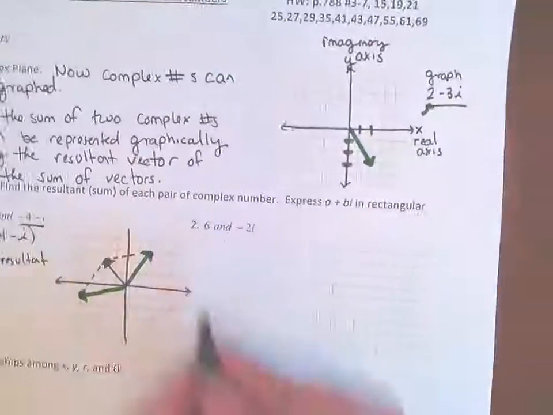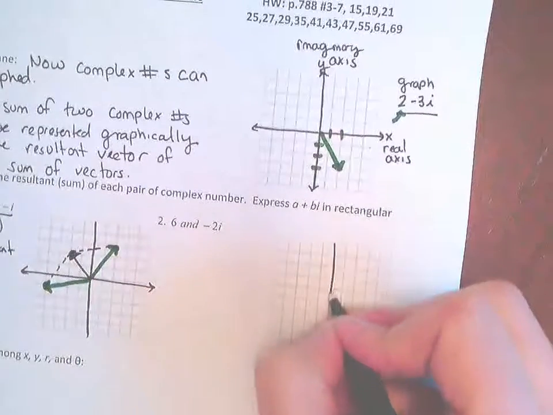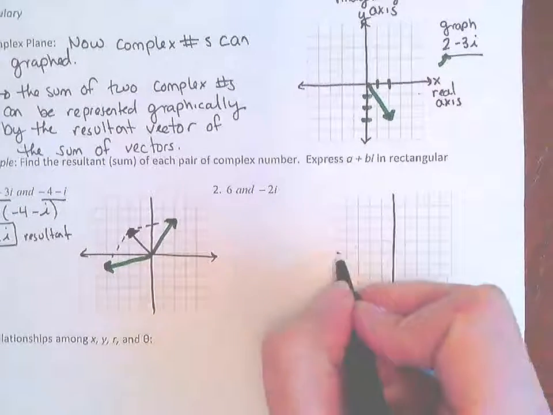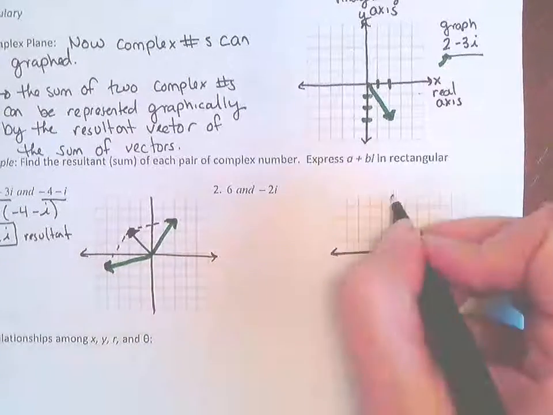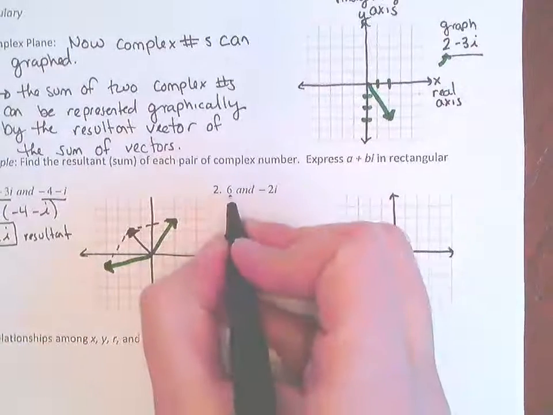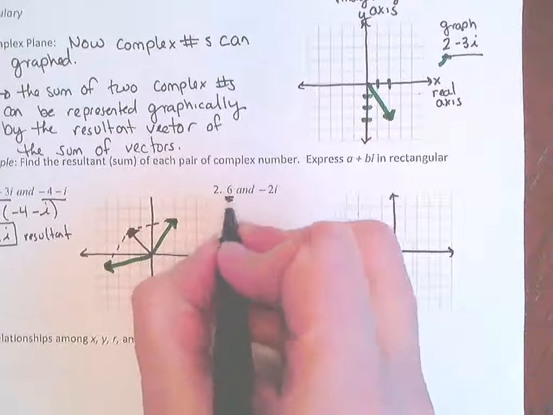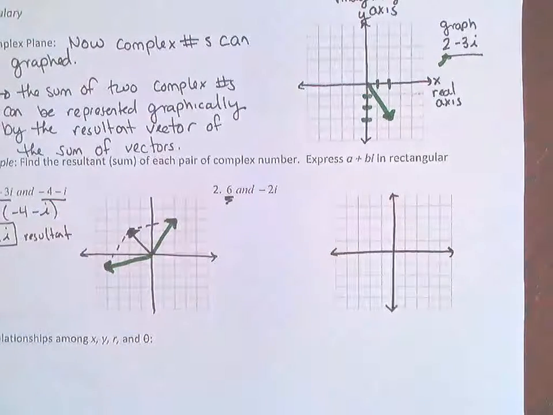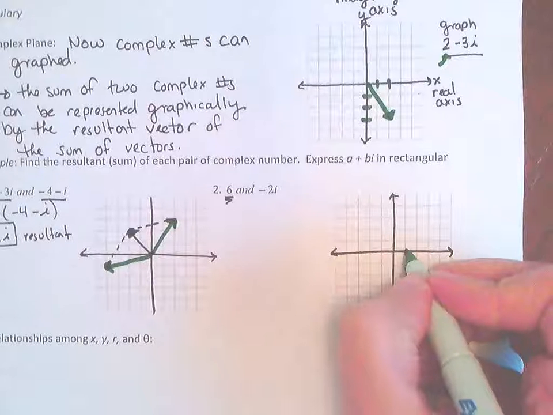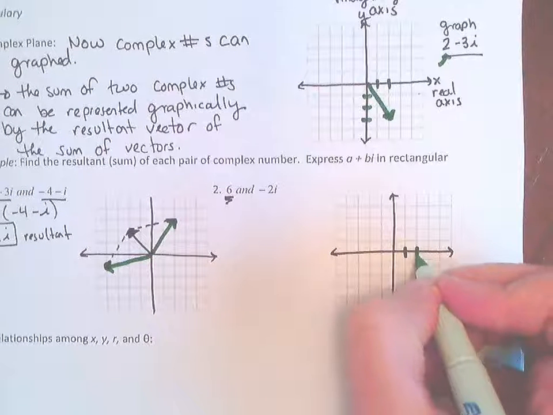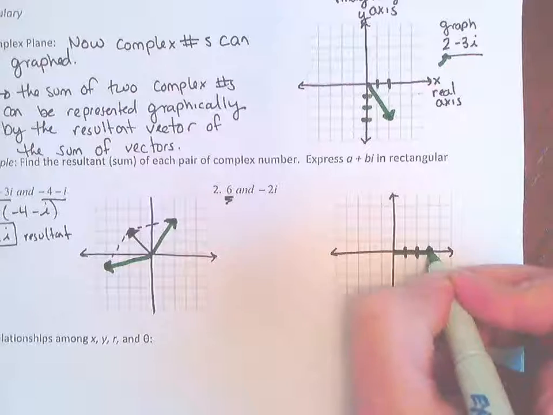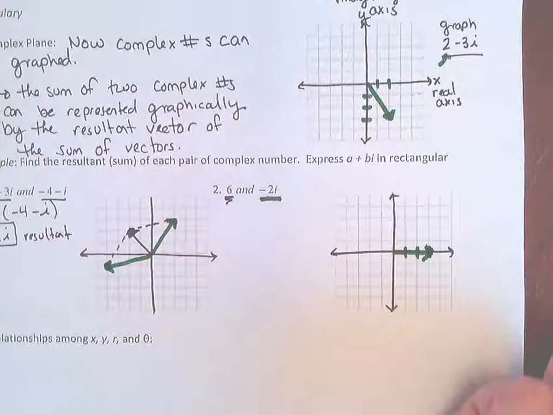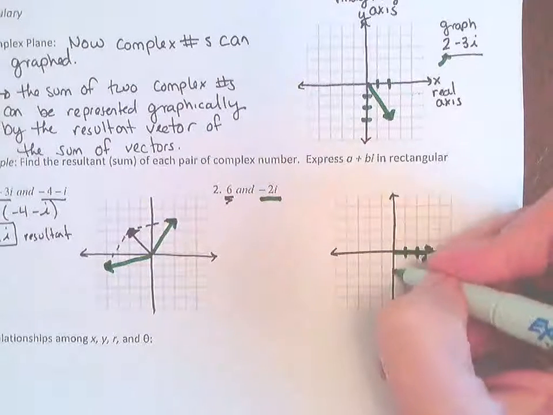Okay? So once we do this, first off I'm going to graph the 6. If you are just on the real axis, then you're just going to go out to 6. I'm going to count by 2s, so this is 2, 4, 6. There's that vector, and then this one is just on the imaginary axis, so it's just going to go down to 2.